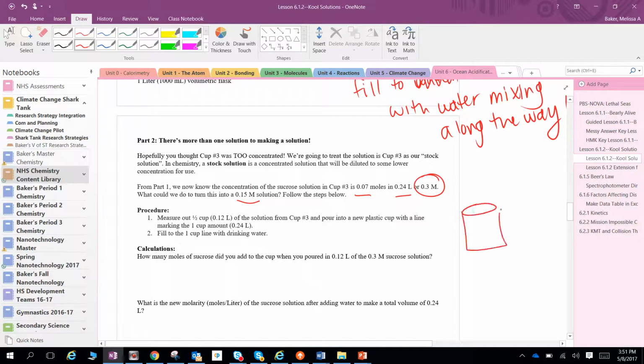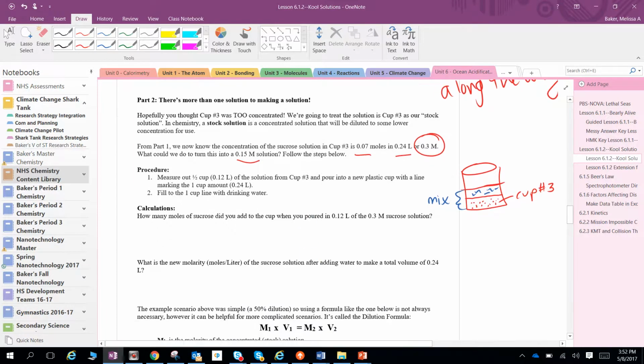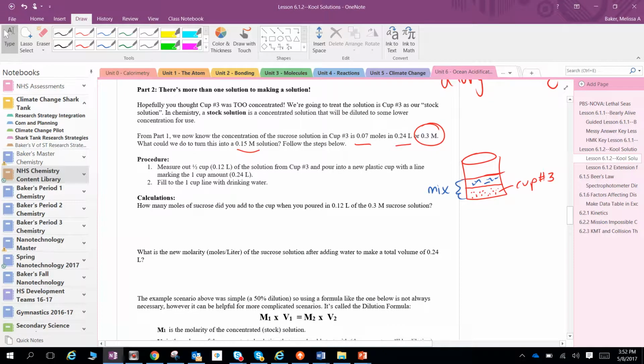Well, what we did was we took a cup with a line and we added half a cup of the really concentrated stuff from cup number 3, and then we filled to the line with just water and mixed it up. So basically that number of moles does not change, but now it has more volume to spread out, and so it's half as concentrated.